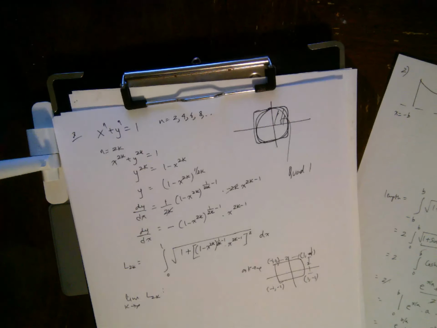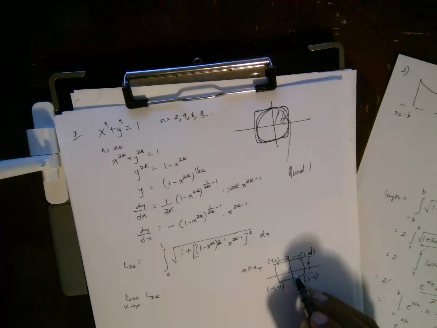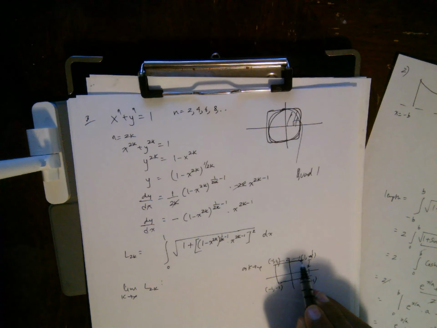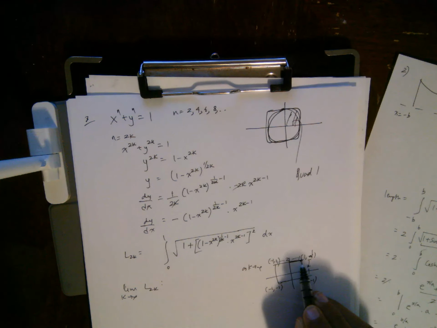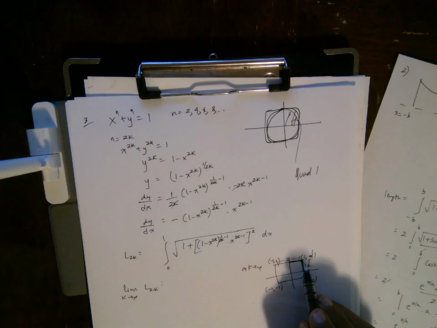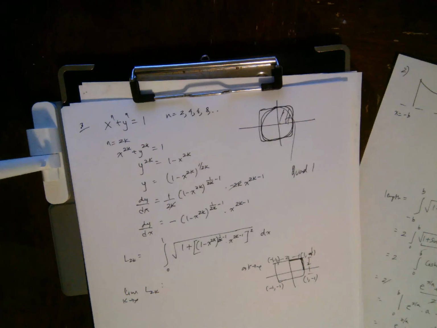Right, let's see what happens. Okay. Now as k goes to infinity, in quadrant 1 we have this shape right here, which means x and y, they are approaching the value of 1, right?